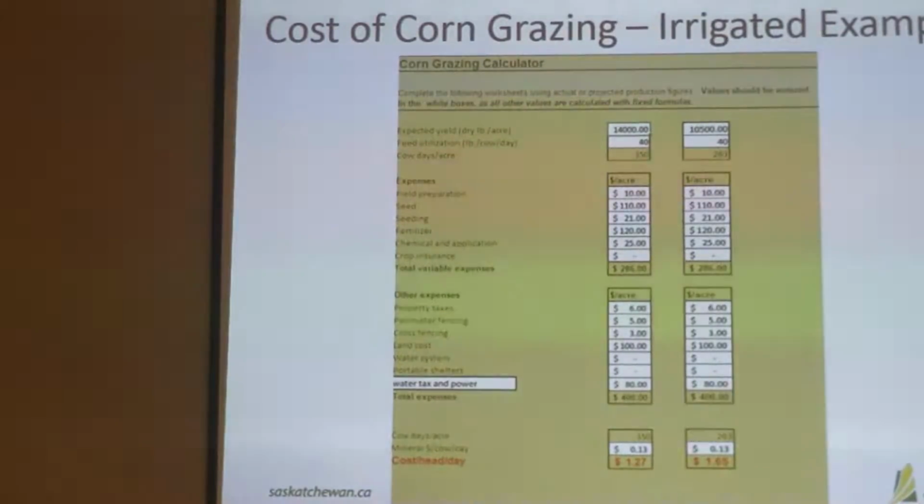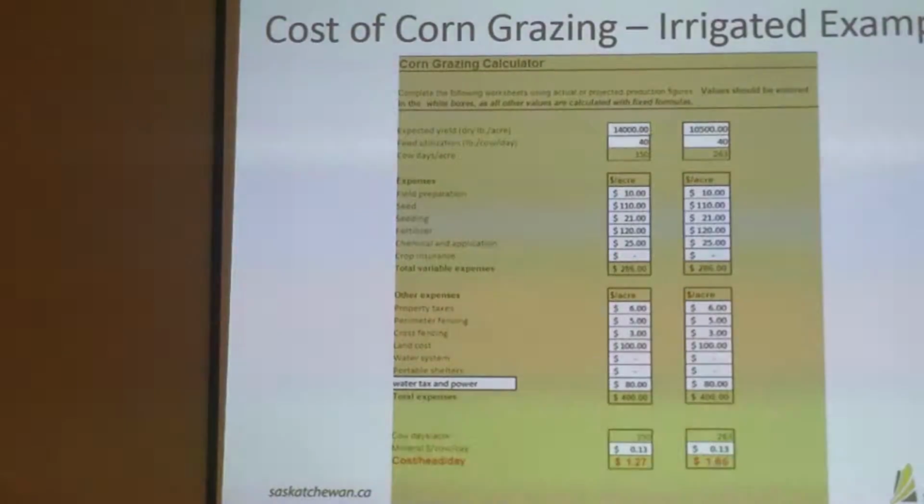Just for an irrigated example, land rent in this area is probably somewhere around $100 an acre, so that's what I put in here. Of course, if we're going to be irrigating, we're going to have to pay our water tax and our power bill, which is going to run us somewhere around $80 an acre. As you can see, our total expenses are going to be about $400 an acre, so quite a large investment.